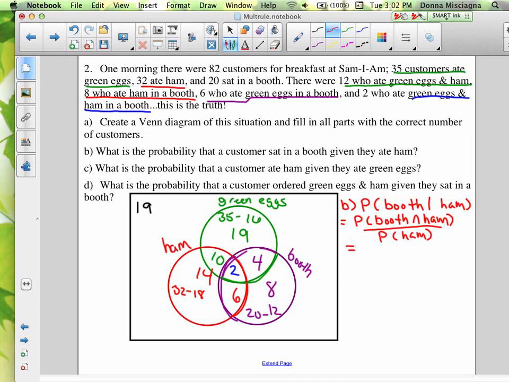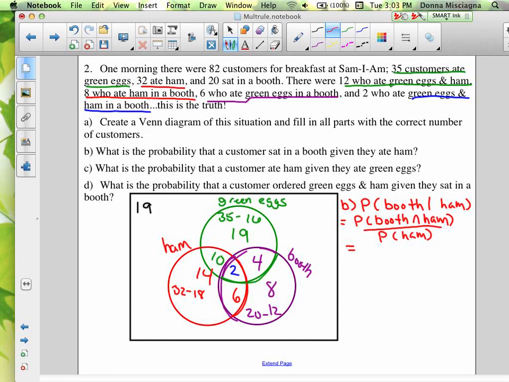So Booth and ham, that's the overlap between Booth and ham. So that includes the 2 people that also ate the green eggs, plus the 6 people who didn't eat the green eggs, but sat in the booth and ate ham. All right? So it's the overlap between the red circle and the purple circle.